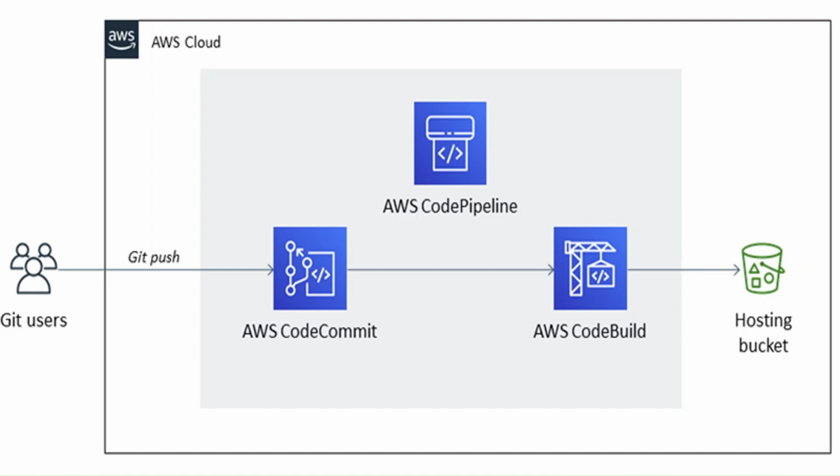Next, AWS Code Build takes over to compile the code, run tests, and prepare it for deployment. Finally, the deployment output is sent to a hosting bucket like an Amazon S3 bucket, where it's ready to be accessed by the users. This setup makes deployments faster, automated, and error-free.